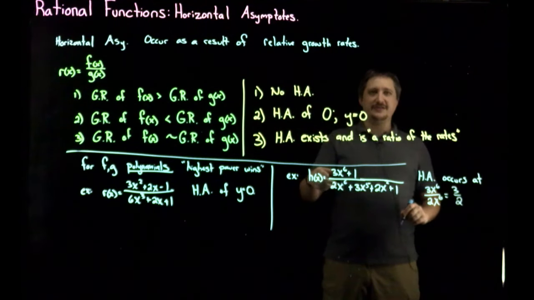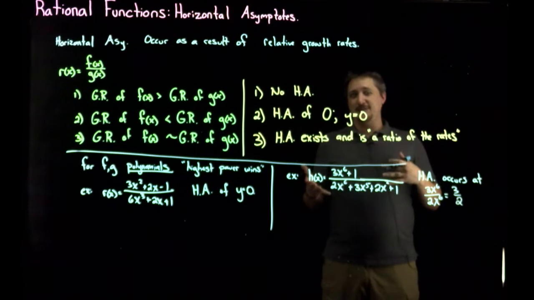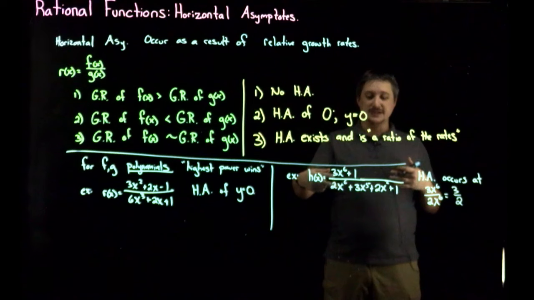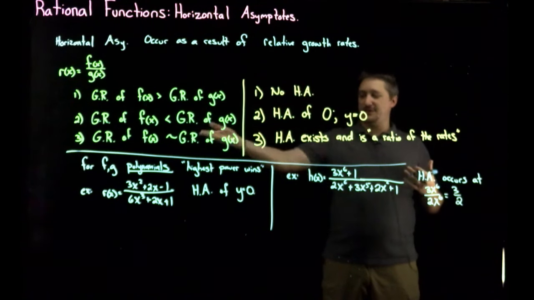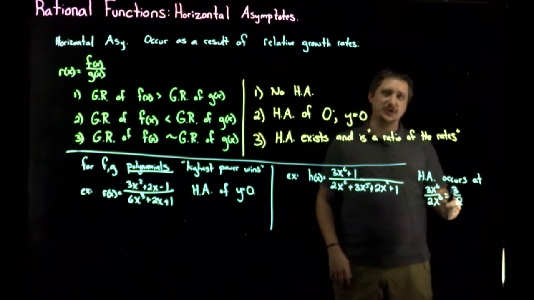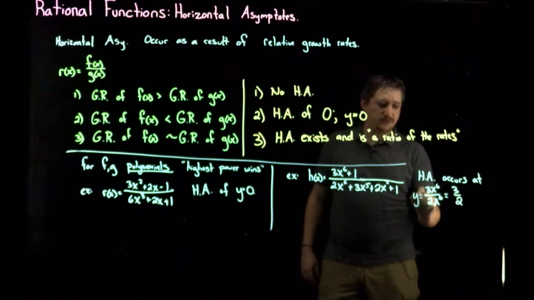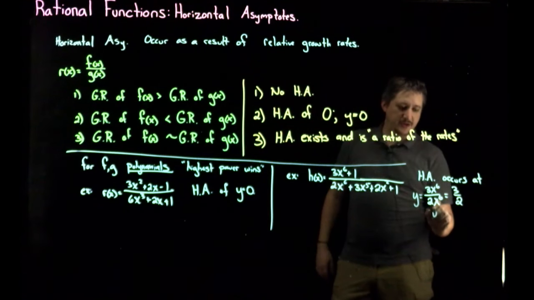But I want to make it clear that it's not that the leading coefficients are the thing I care about so much as it's the whole term. It just happens that because they are both x to the 6th, they cancel out, which is why I get down to the leading coefficients, okay? And specifically it's y equals this. So my horizontal asymptote is y equals 3/2.